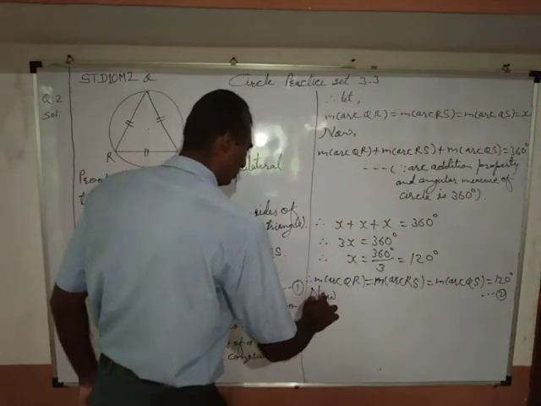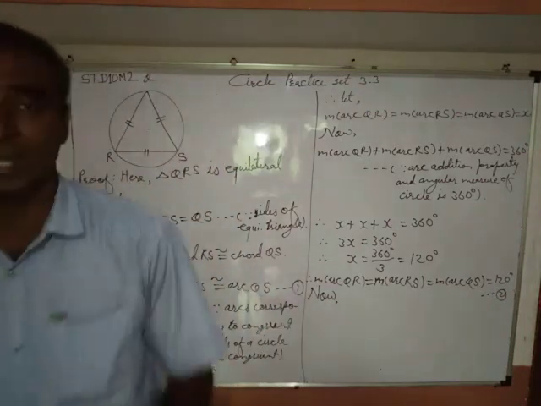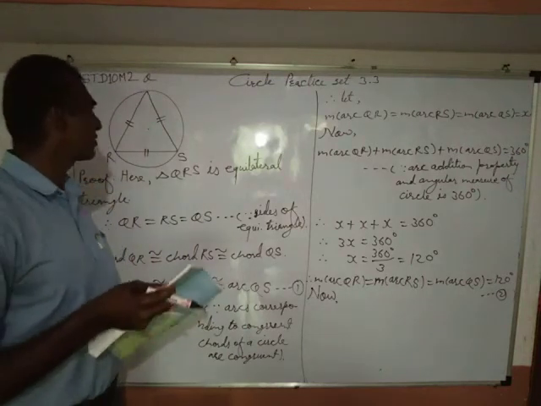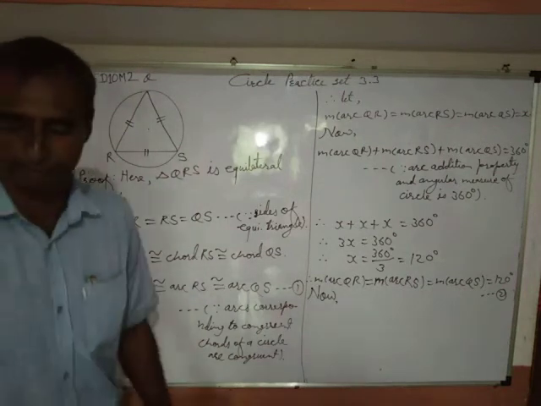Now we are interested to prove measure of arc QRS equals 240 degrees.